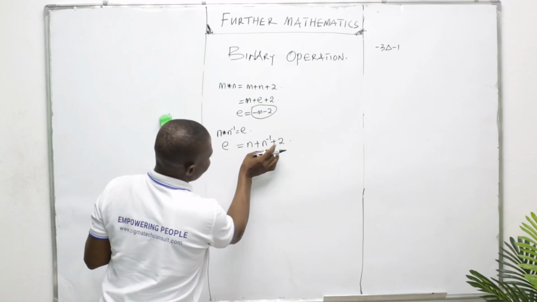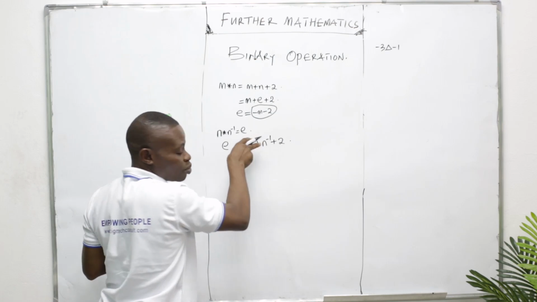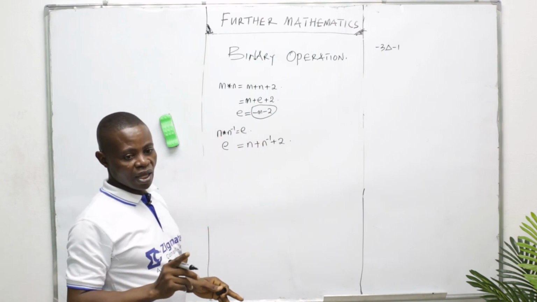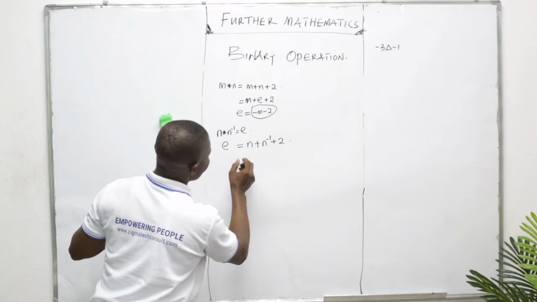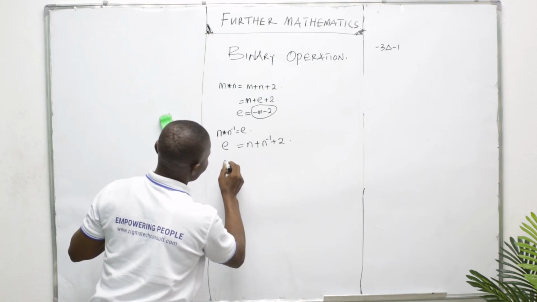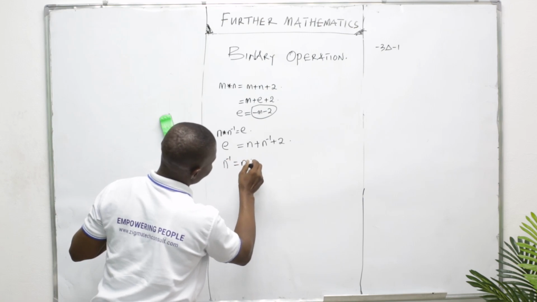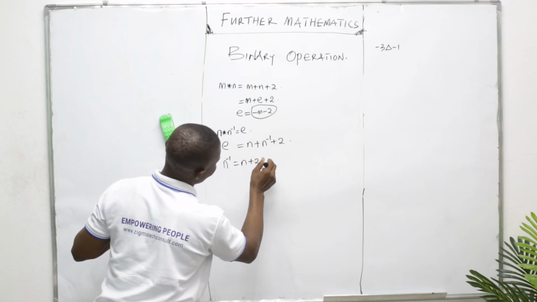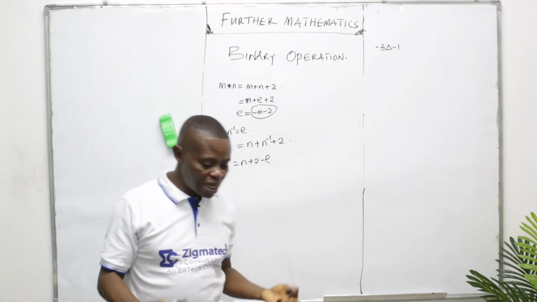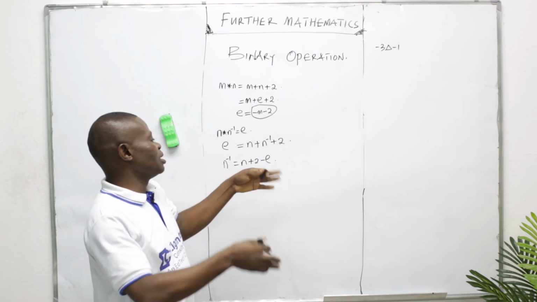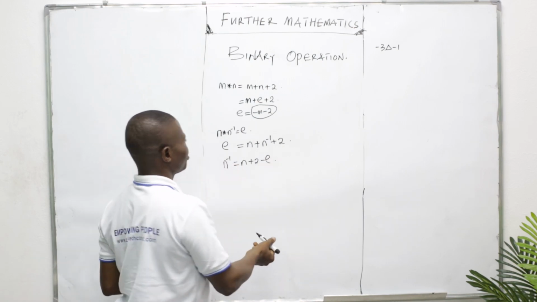Okay, we are interested in inverse. What is the inverse here? N raised to the power minus 1 is the inverse there. If we keep this, that's making the subject of the formula, N inverse equals N plus 2 minus identity element. Assume that identity element is a number, let's say 2, or whatever, minus 2.